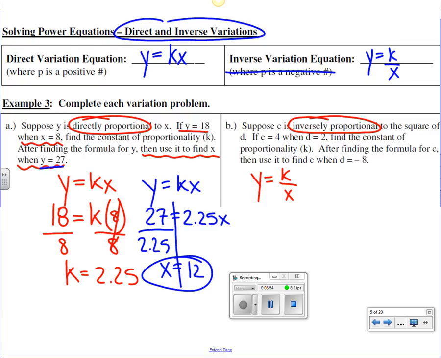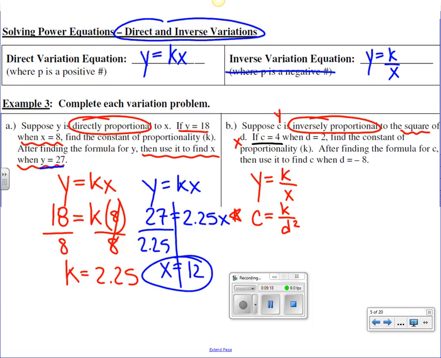However, this time they've got different letters. So let's make y be C. K stays the same. And let's let D be x. And there's one other trick on this one. It says the square of D. So we need to put D squared. So this is the formula we're going to work off of.